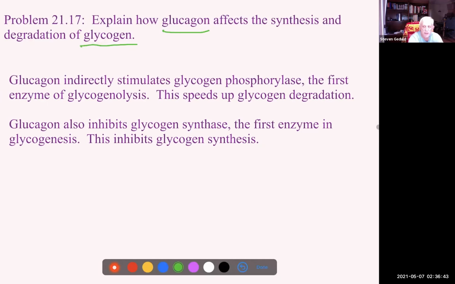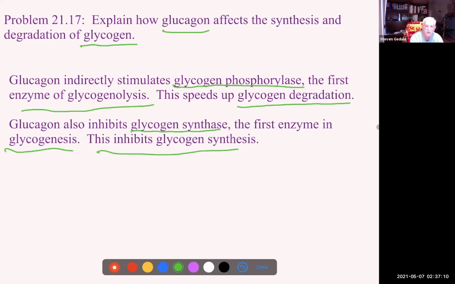Glucagon indirectly stimulates glycogen phosphorylase, the first enzyme of glycogenolysis, the breaking down of glycogen to put glucose back in the bloodstream. This speeds up glycogen degradation. Glucagon also inhibits glycogen synthase, the first step in glycogenesis. So it stops the formation of glycogen, and it stimulates the breaking down of glycogen into glucose molecules back in the bloodstream.